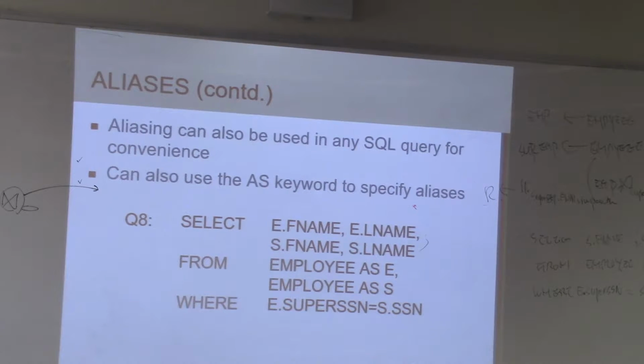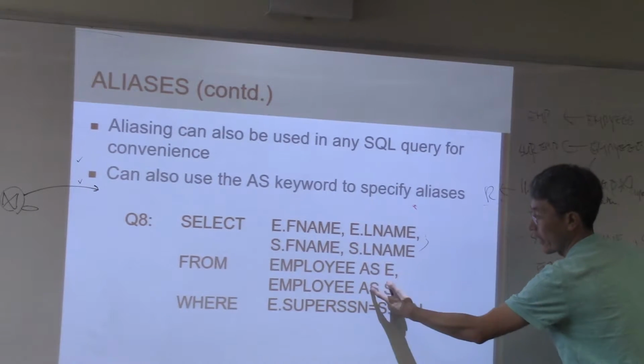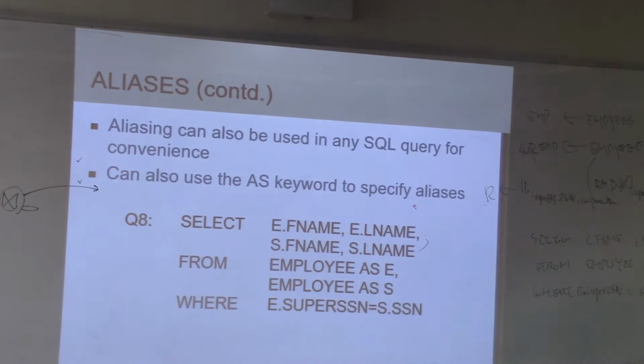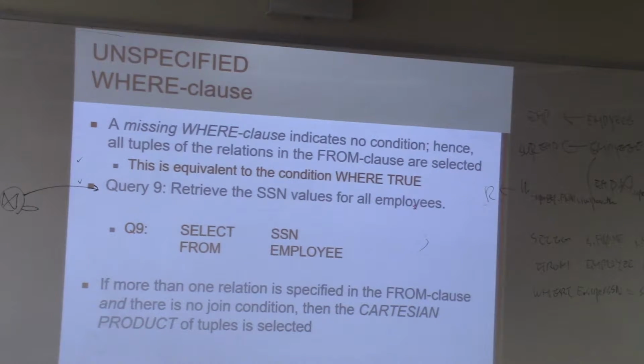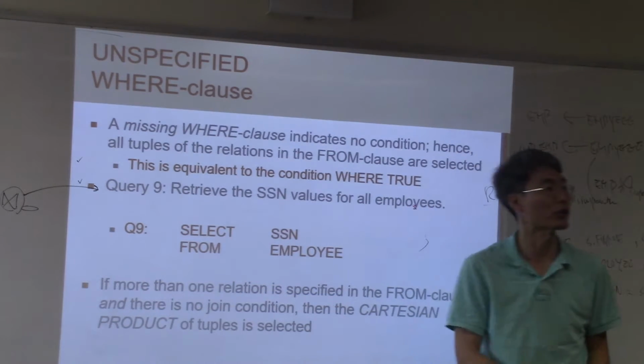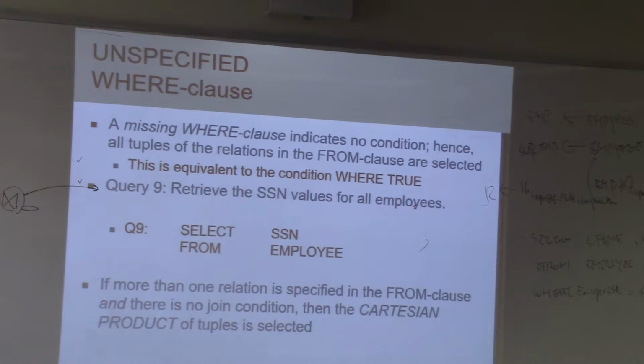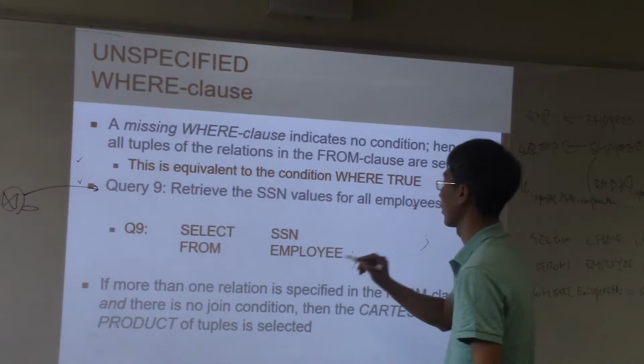So this is another way, with AS or without AS, you can do that. But if we do not specify the where condition, which means without join condition, without the select condition, is it an error? No, it's not an error. It retrieves all the data.